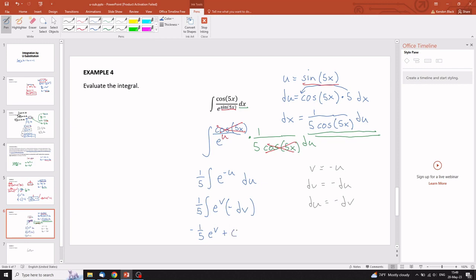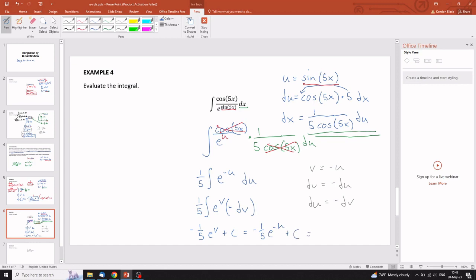Now, we first have to back substitute for the u. So v is equal to negative u. So this becomes, I suppose I can just use an equal sign, negative 1/5 e to the negative u plus c.